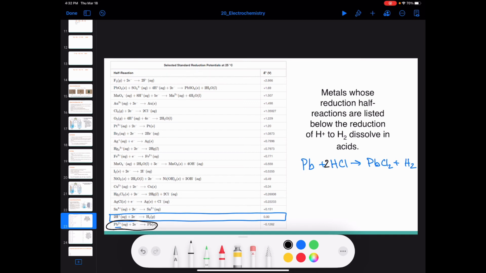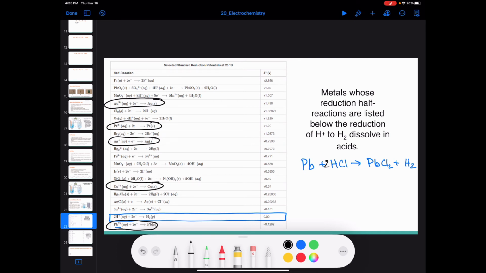Things that are above H plus on this chart won't react. For instance, if you put a chunk of silver in hydrochloric acid, nothing happens. It's interesting because you'll notice that we've got platinum, gold, silver, as well as copper.